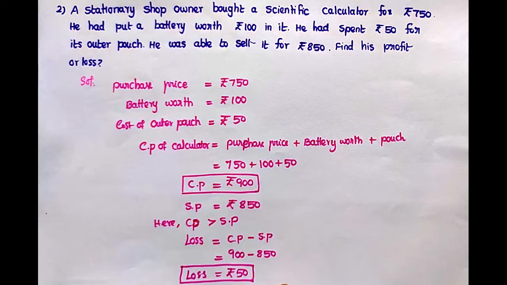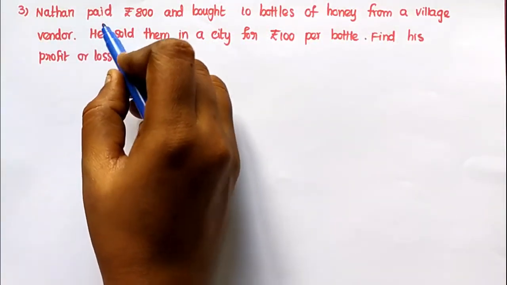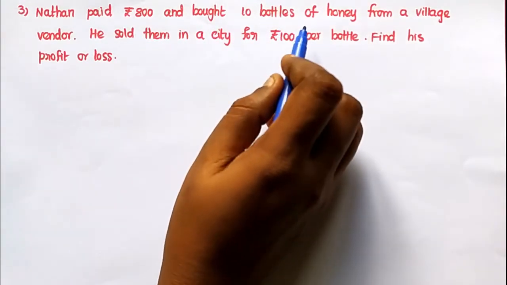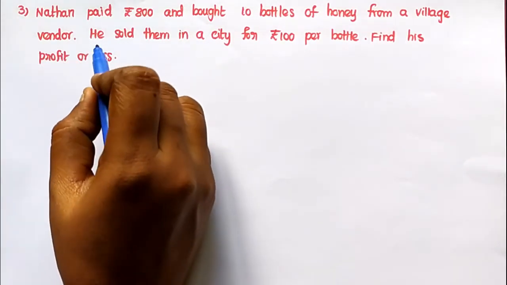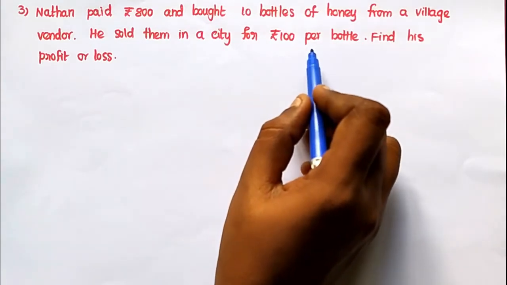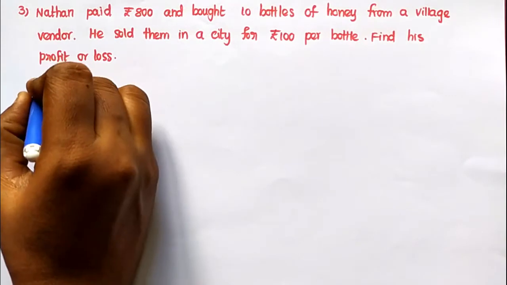That is the answer. Third sum, Nathan paid 800 rupees and bought 10 bottles of honey from a village vendor. He sold them in a city for rupees 100 per bottle. So find his profit or loss.